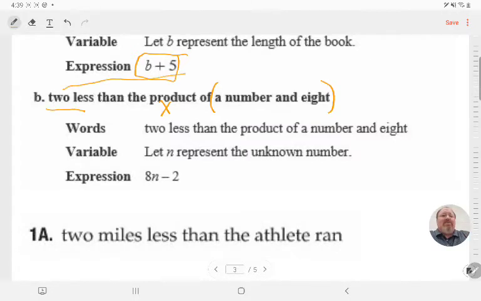So that goes to the back side. And if we let n represent the unknown number, it would be 8 times n minus 2. So a number and 8, they're multiplied together because the answer of a multiplication problem is a product. And then we move it to the other side, minus 2. Okay? All right.